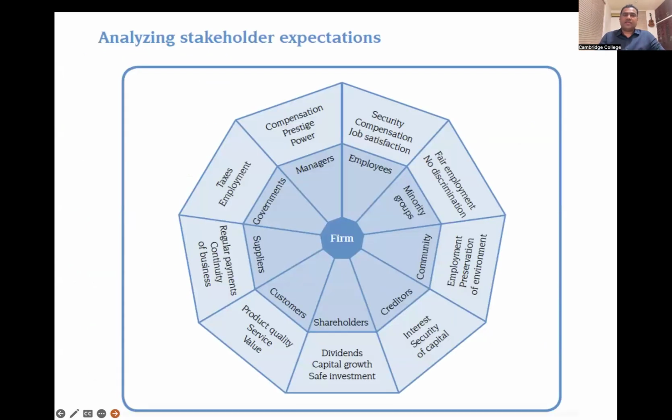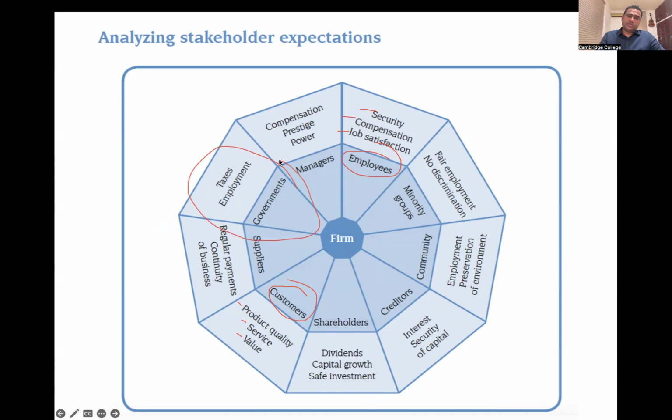Now, stakeholders have different expectations, right? We looked at this before as well. Customers are important stakeholders. They want service, value for money, and product quality, right? Employees are also important stakeholders. They want job security, compensation, and job satisfaction.